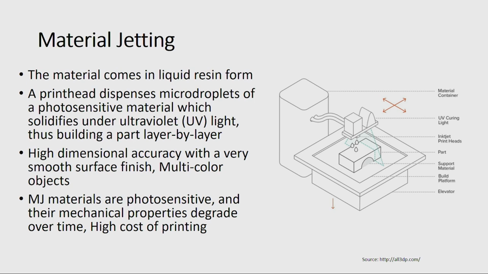So, the objects made using material jetting cannot be used for a prolonged time, or for some dynamic applications. It also has high cost of printing. The material jetting 3D printer comes at a very high cost, and the material also is at high cost.